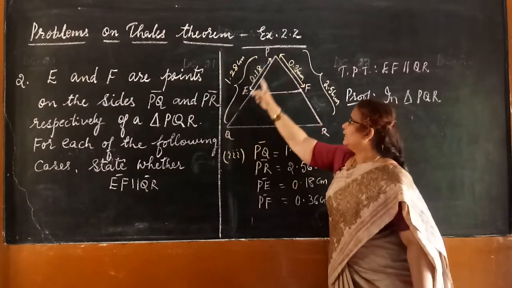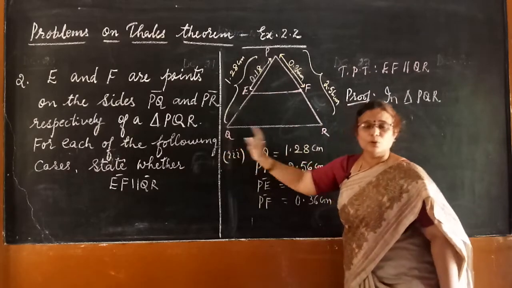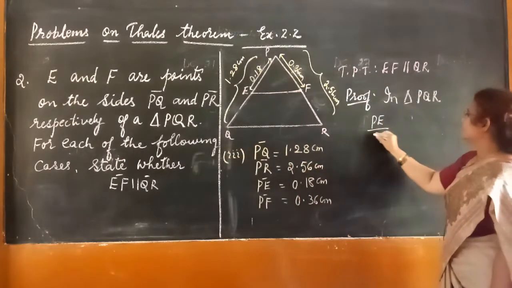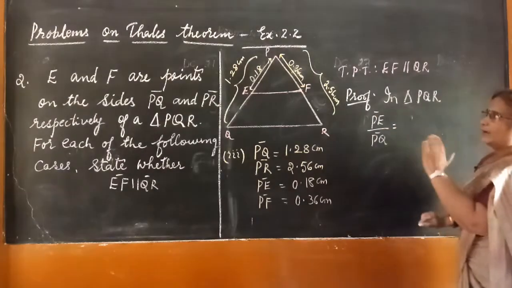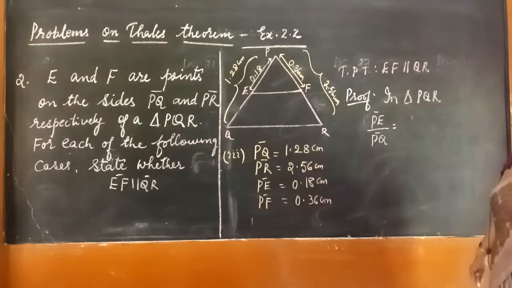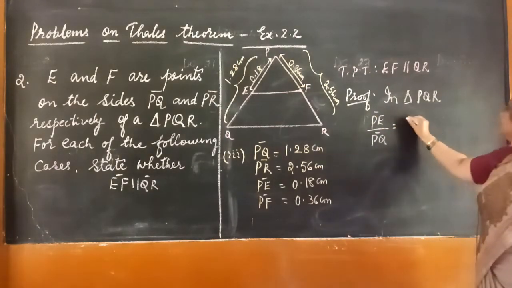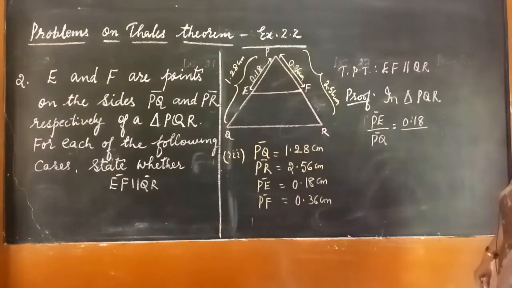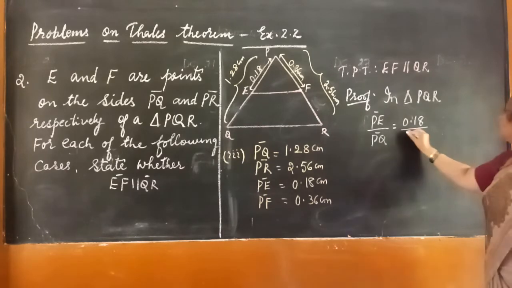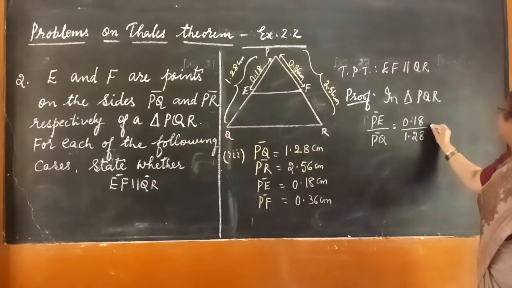See here, PE and PQ are the corresponding sides and its ratio is PE by PQ. So, one part of the ratio I have considered. What is the length of PE? 0.18 by, what is the length of PQ? 1.28.